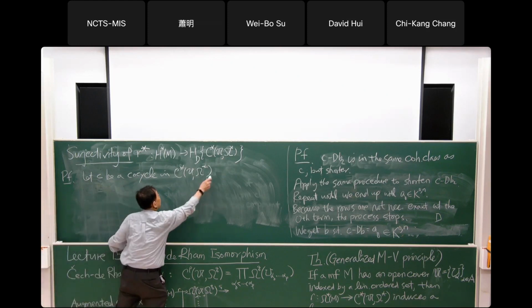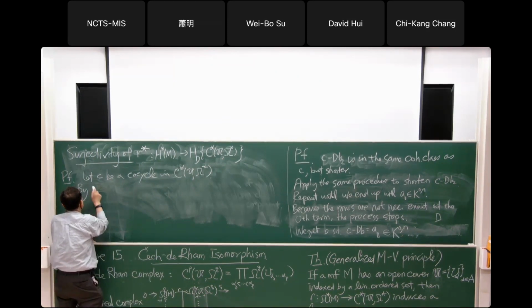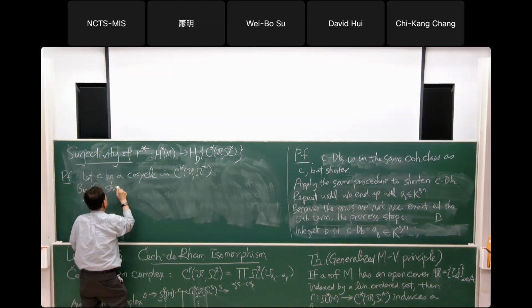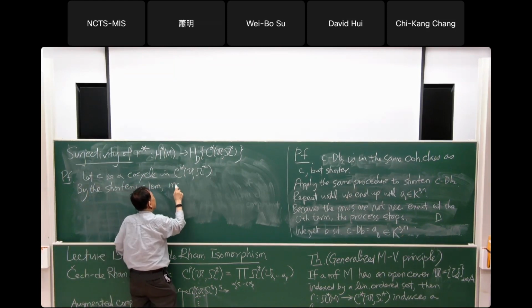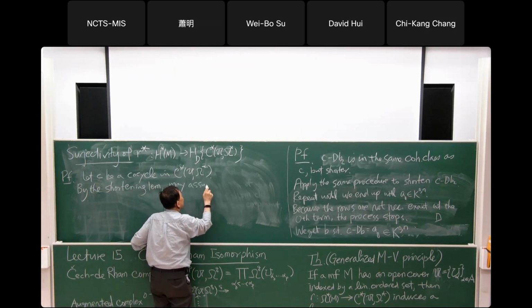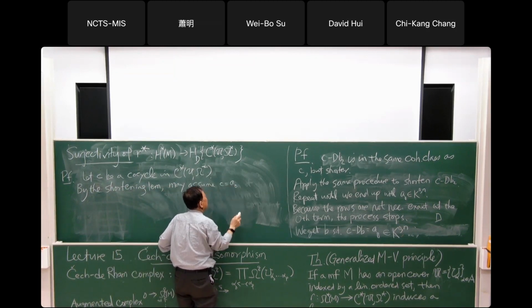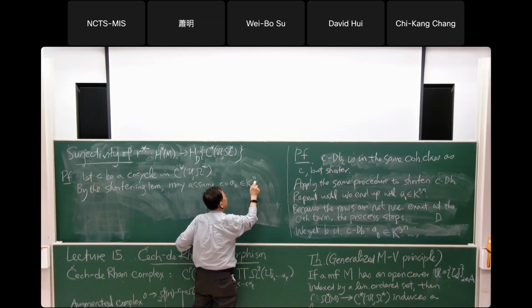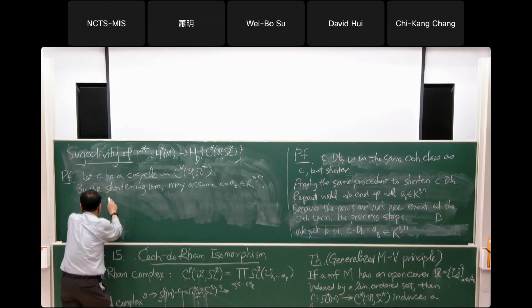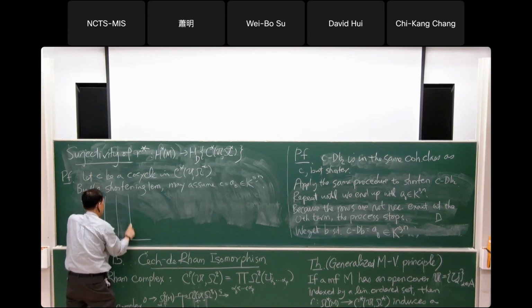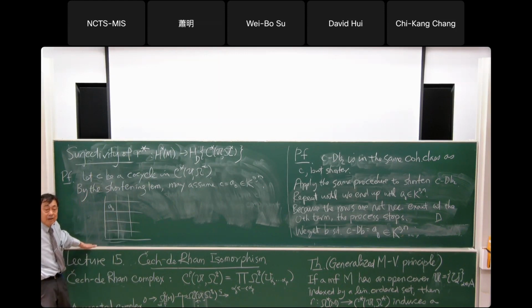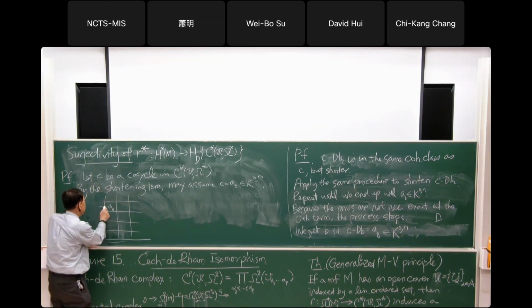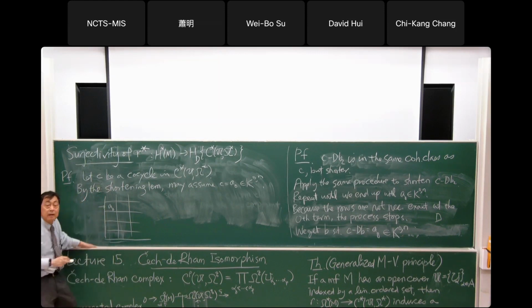Okay, so you have A0 there, and you want to show that it comes from something.